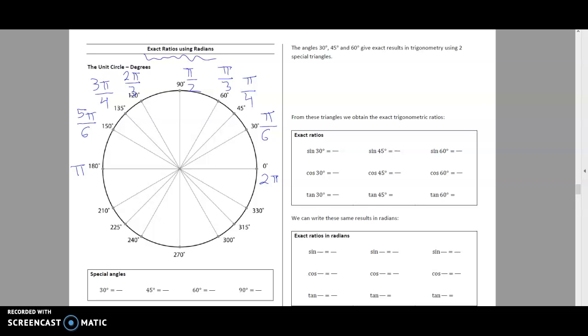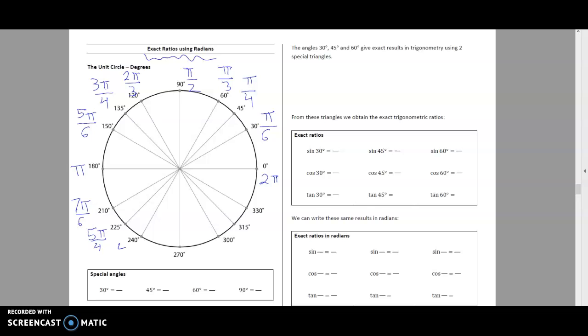If we add 30 degrees onto 180, we're essentially adding a pi on 6 to it. So it's pi plus pi on 6, which gives us 7 pi on 6. If we now add 45 onto pi, we get 5 pi on 4.